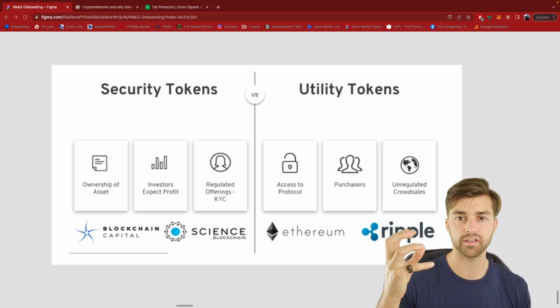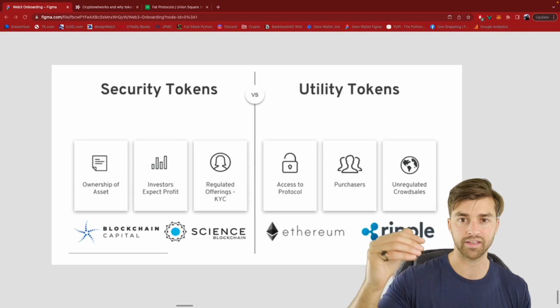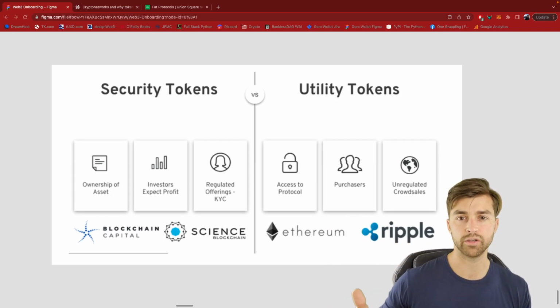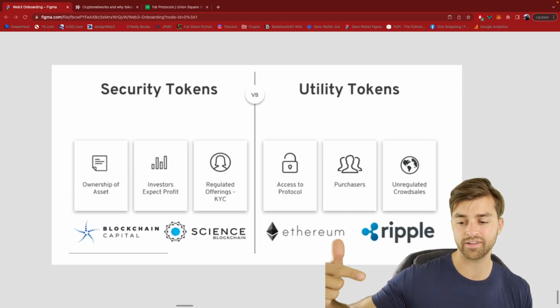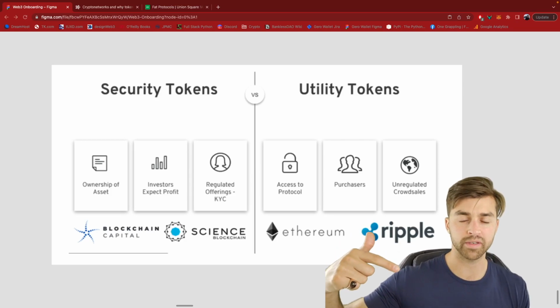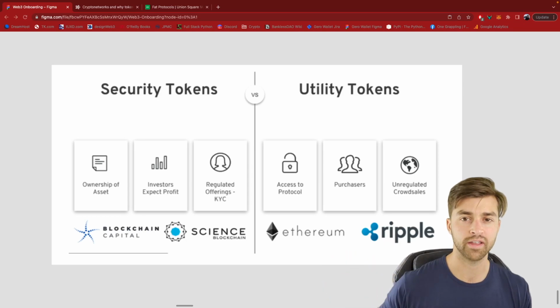So this is the utility that this Ether token provides. You redeem your Ether token, you're essentially paying for the computational bandwidth of Ethereum nodes to process your transactions, and this is what the Ether token gives you.